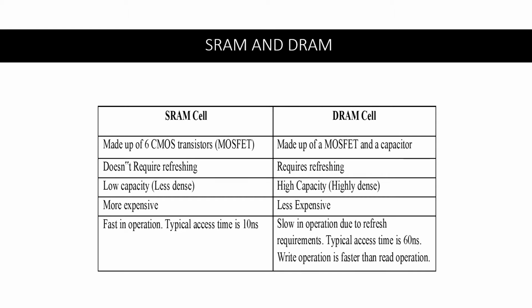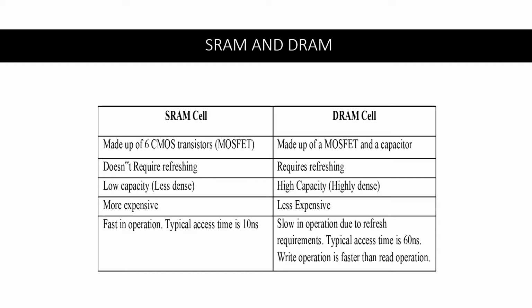SRAM is static RAM and DRAM is dynamic RAM. In static RAM we are using CMOS transistors, whereas in DRAM we are using a MOSFET and a capacitor. Here in DRAM the capacitor is playing a major role.